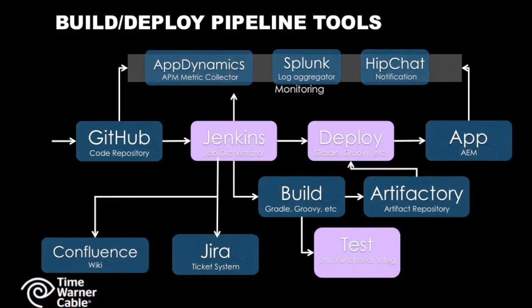We're also updating some of the build pipeline tools that we use. So the top layer here, App Dynamics, Splunk, and HipChat are really things that we use in monitoring and deploying. And they're very, very useful and helpful to us on getting alerts. Our 3 share friends are in HipChat with us and alert us on things that happen out in the production environment.